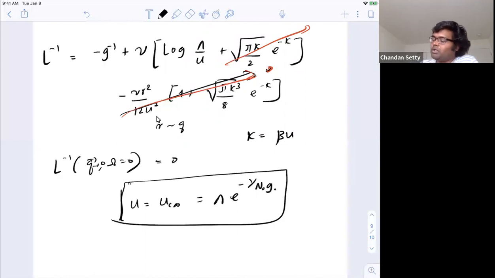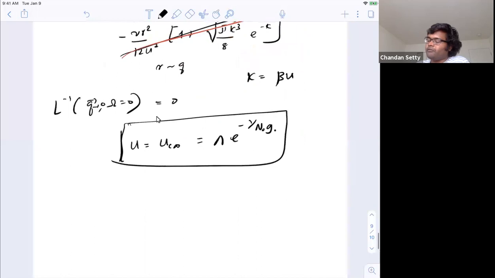So this would be a quantum critical point. That is, if your value of U is larger than UC infinity, you're not in the superconducting state, so no superconductor. However, if U is less than UC infinity, you have a superconductor.